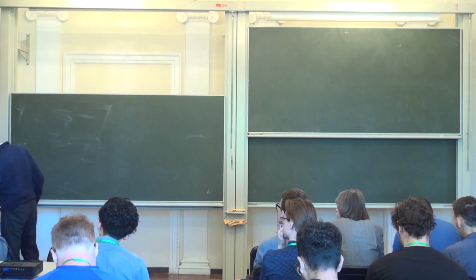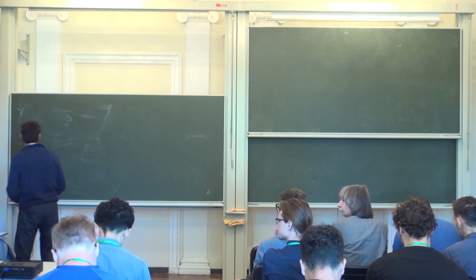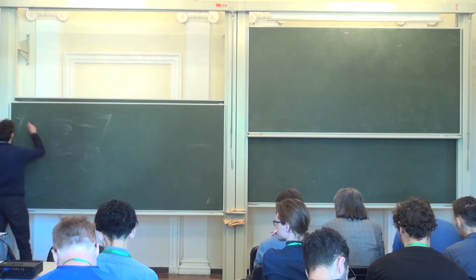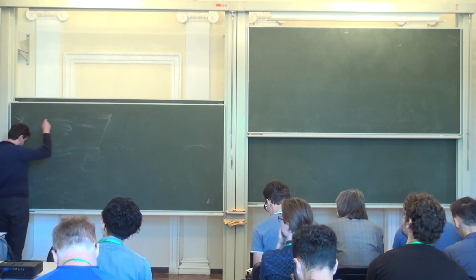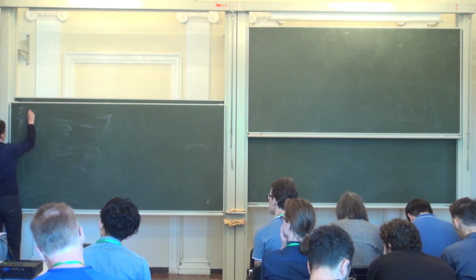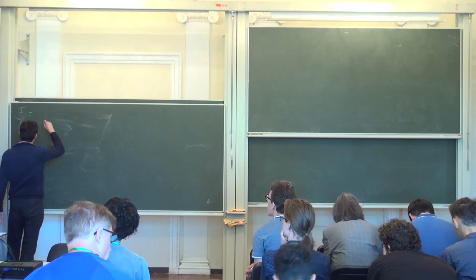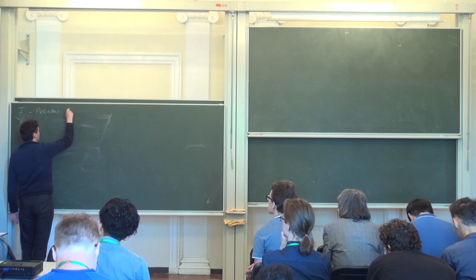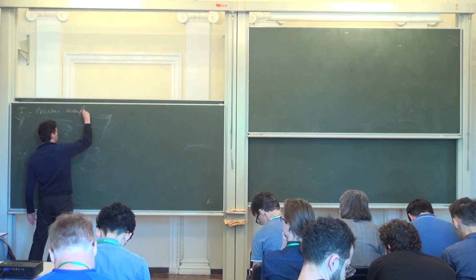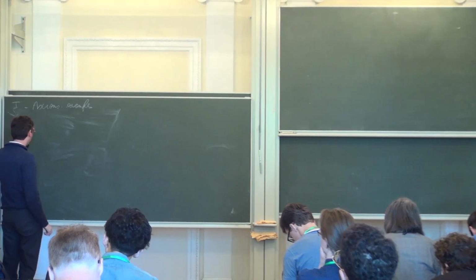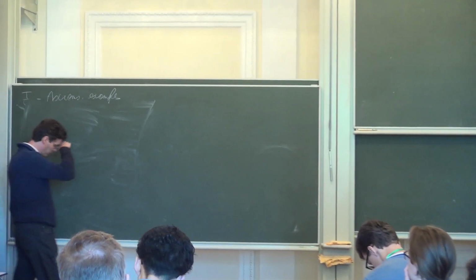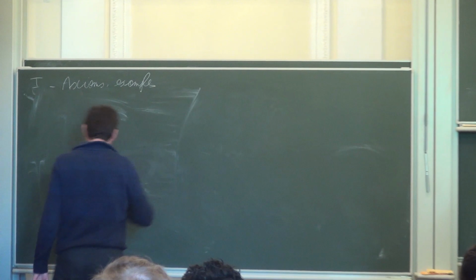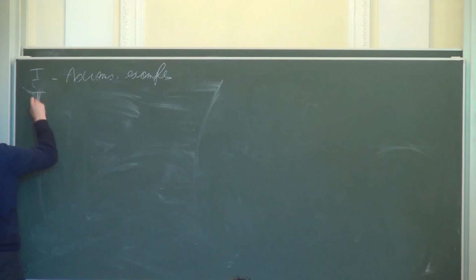Maybe I'll give you a short plan. There will be five courses, maybe one or two parts. The first one will be on axioms, examples, and formulations. Here I'll give the conditions from which you can derive the six functors formalism.